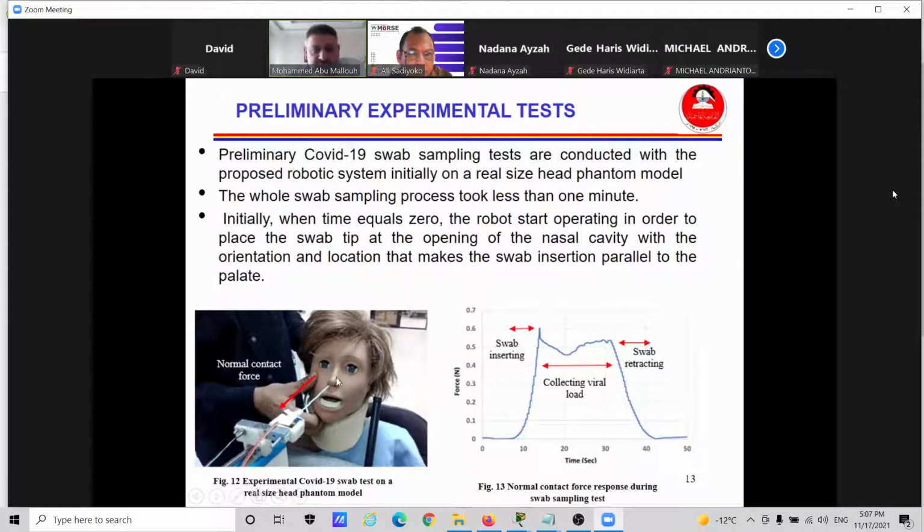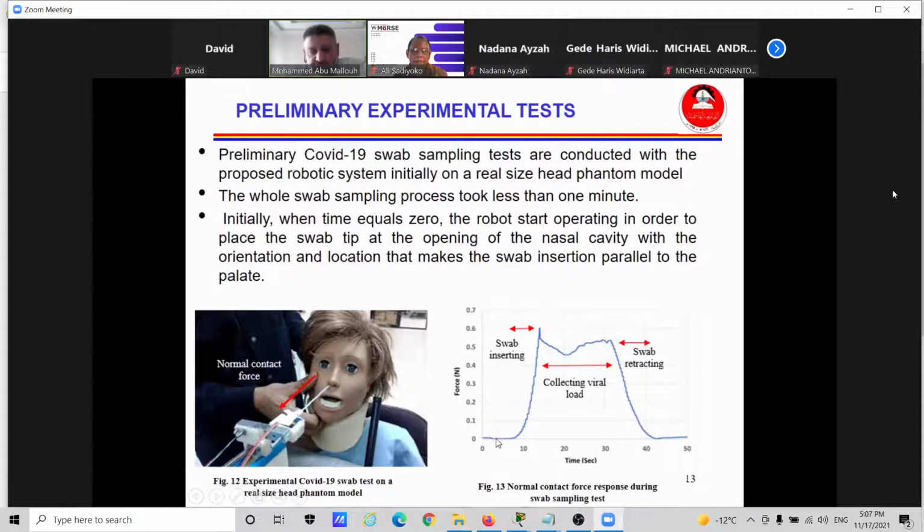So we conducted some tests on this phantom model. And what we see here on the right side is the normal contact force response during the swab sampling test. The first thing to note is that the whole test took less than a minute, about 50 seconds.